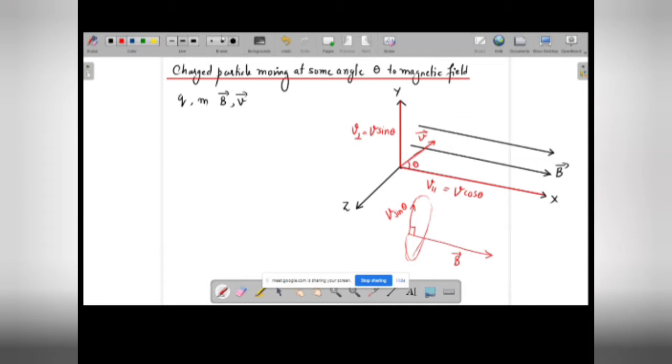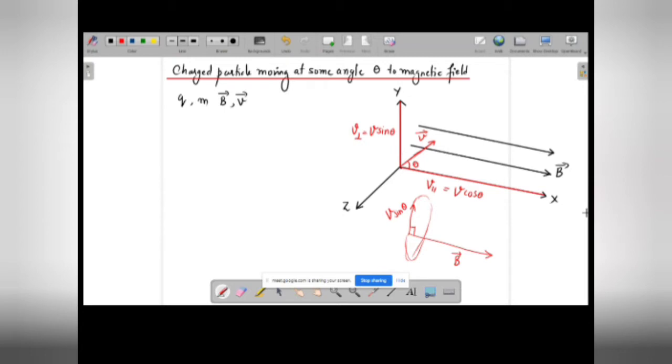But here you will see that there is another component, that is the parallel component v cos theta, which will in turn try to push this charge along the x-axis. The perpendicular component will try to take this charge along the circular trajectory, whereas this parallel component of velocity will try to push it along the x-axis.